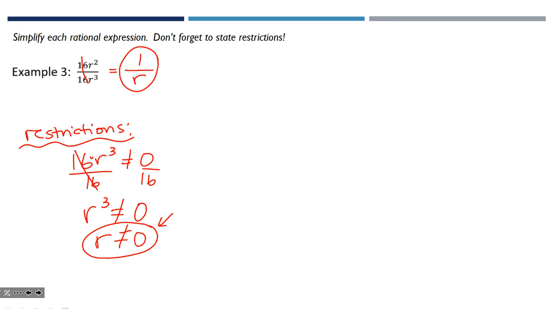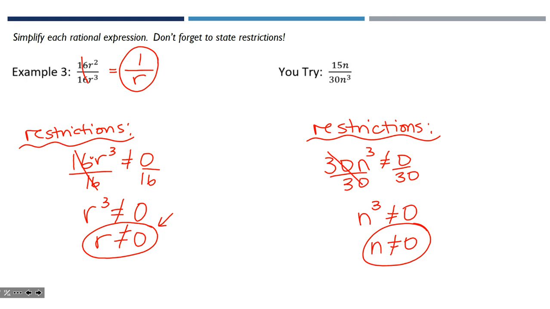All right, guys, so here's another practice problem. Again, pause the video, try this problem, and then when you unpause, we can check answers. All right, so the restrictions I have up here, but I thought it might be easier to understand if I walk you through how to simplify this. So my restrictions on the denominator, I got n can't be equal to 0.